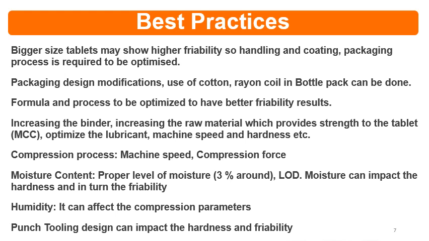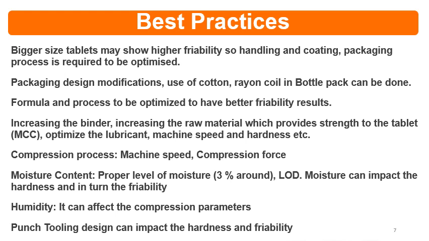Increasing the binder, increasing the raw material which provides strength to the tablet like MCC, optimizing the lubricant, machine speed and hardness. So these things are there to have good friability tablets. Then compression process. So machine speed and compression force are the prime important things to understand and study for friability. Then moisture content.